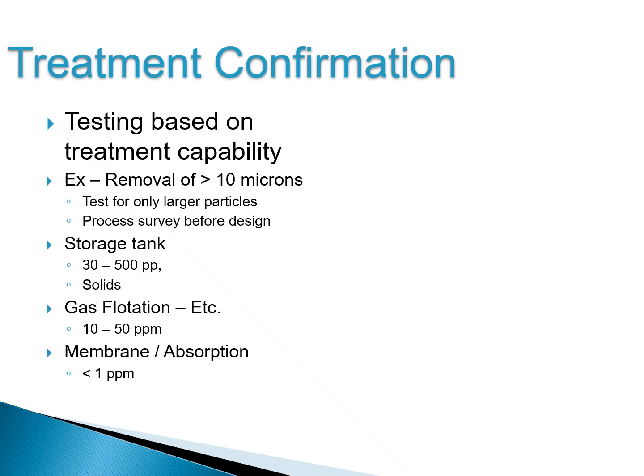As an example, I previously worked on a project where a storage tank had some water at the bottom of it. The water was removed and tested for oil concentration. In this particular case, the result came back at 30 parts per million, which meant that the customer expected this water treatment system to always be able to achieve 30 parts per million water quality by just having it sit there.